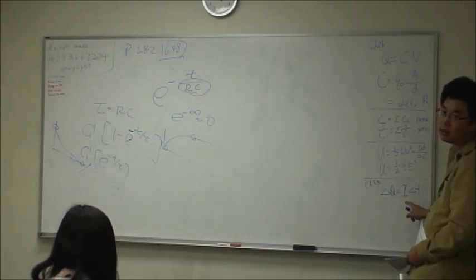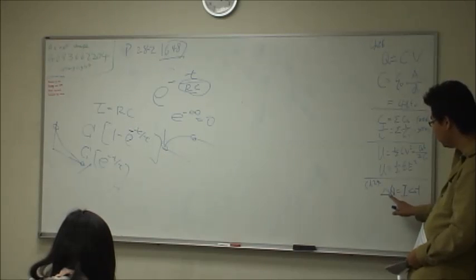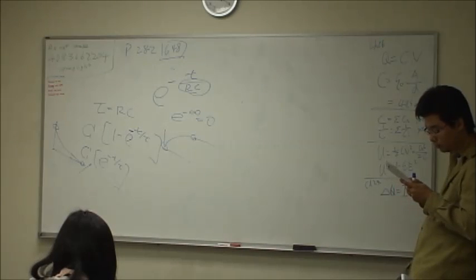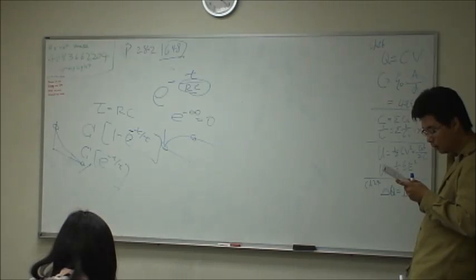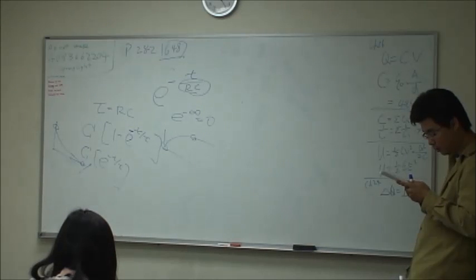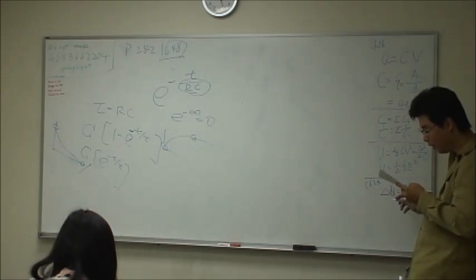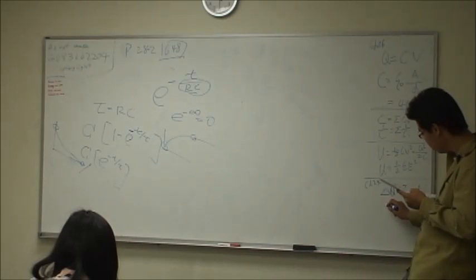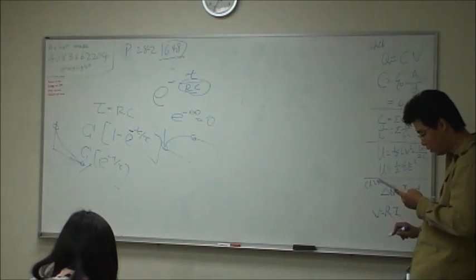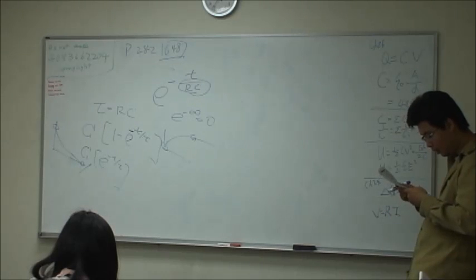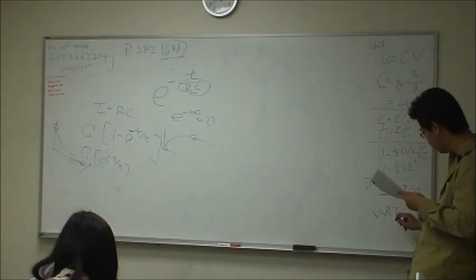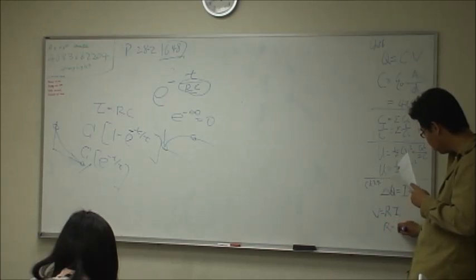So current is in units of ampere, which is coulomb per second. For the resistance, R times I is equal to V, and the resistance is equal to rho times L over the area A.